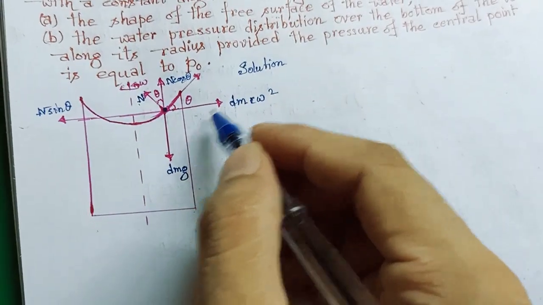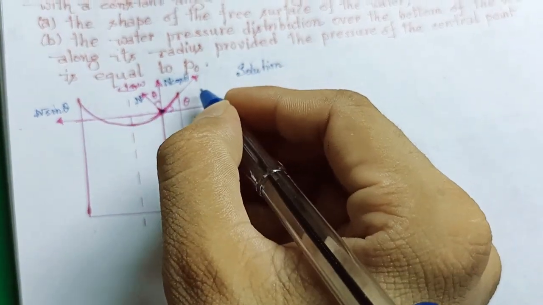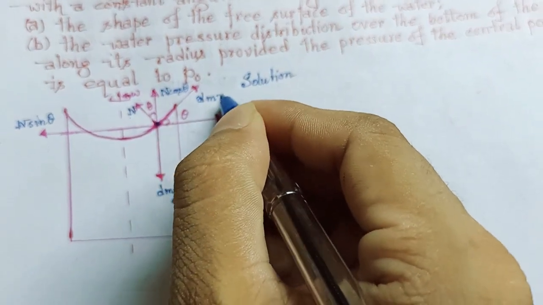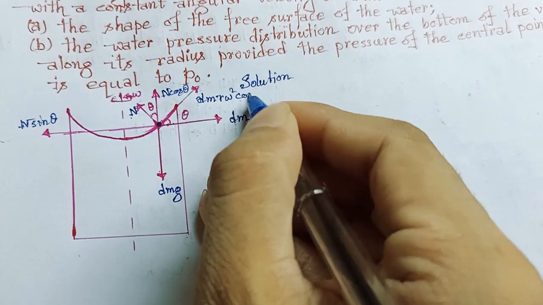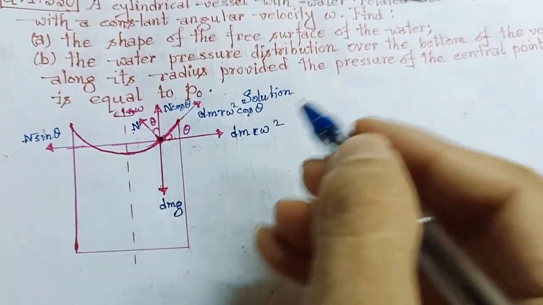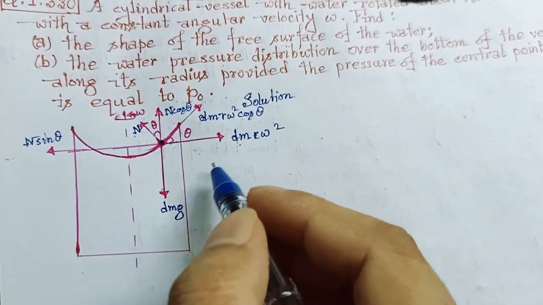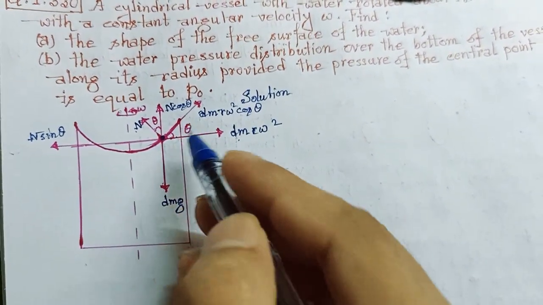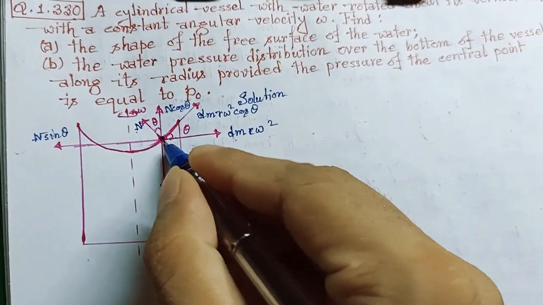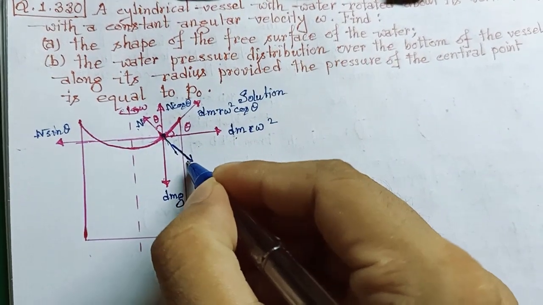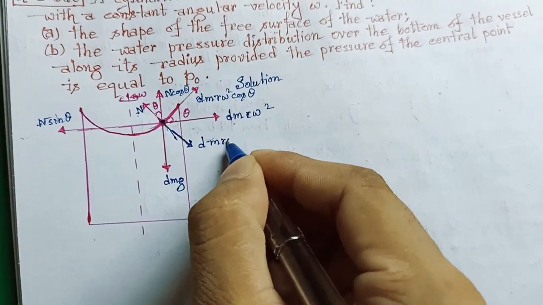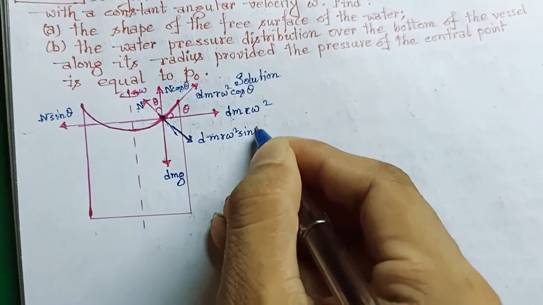Now if we divide this dm r omega square into two components, we will get dm r omega square cos theta in this direction, and another component, dm r omega square sin theta, in this direction.